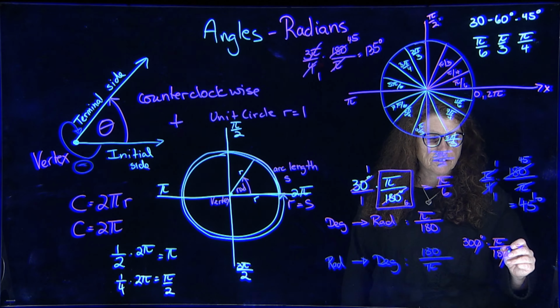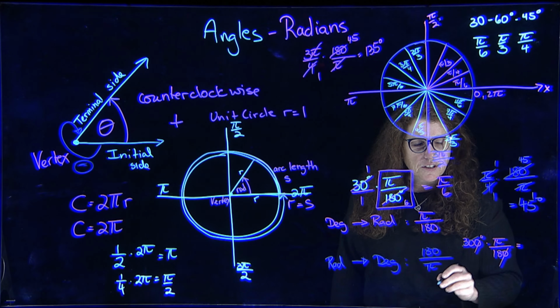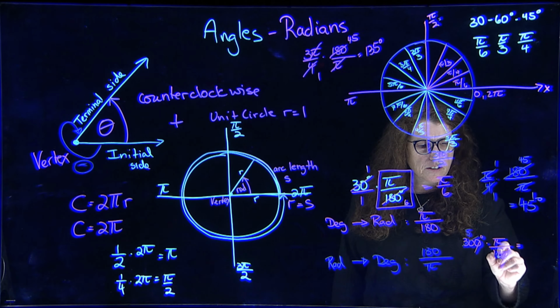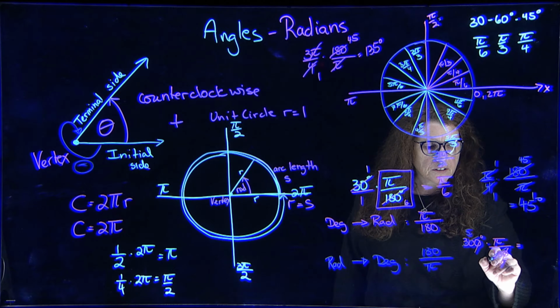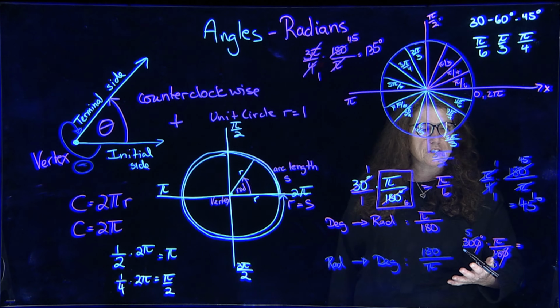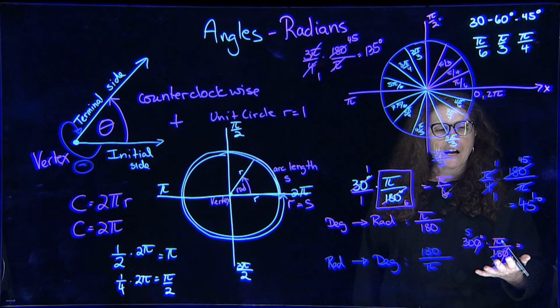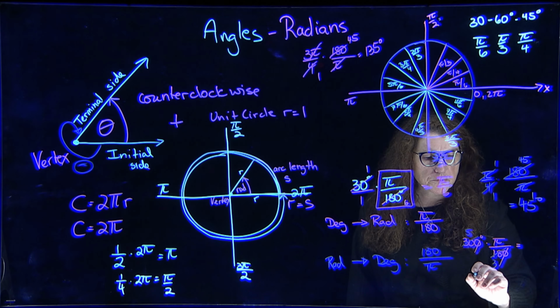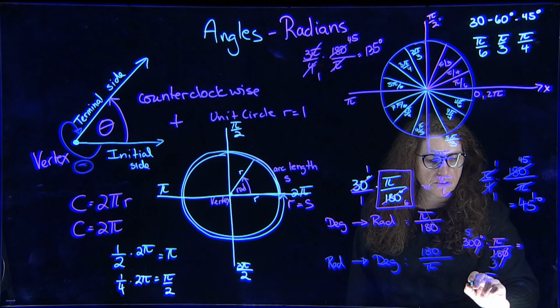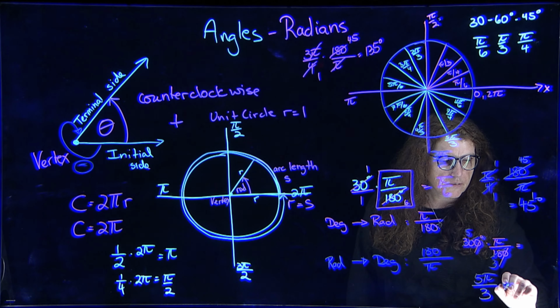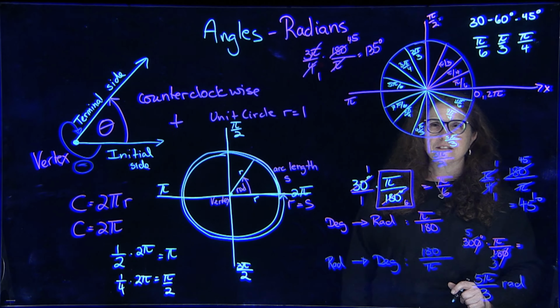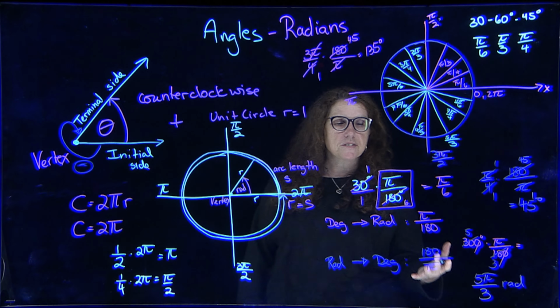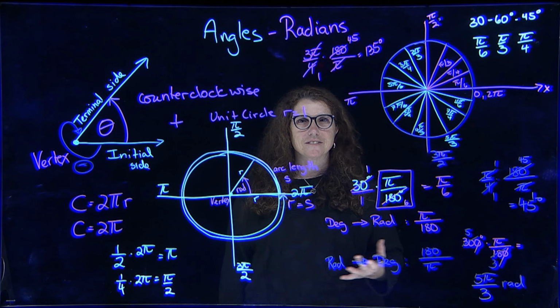I can factor out a 6. 6 goes into 30 5 times. 6 goes into 18 3 times. And we always want to keep our radian measure in terms of pi. So in this case, we have 5 pi over 3 radians. That's how you convert degrees into radians and radians into degrees.